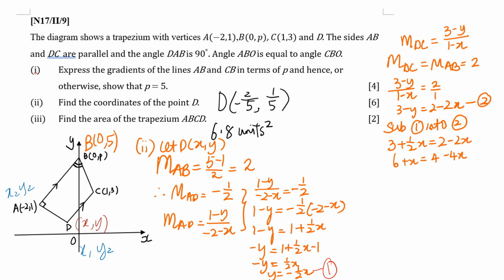So you substitute equation 1 into 2 and do some manipulations, and you can find x to be -2/5. And you're not done yet. When x is equal to -2/5, you have to substitute into either equation 1 or 2 to find your y coordinate. That's how we find point D.